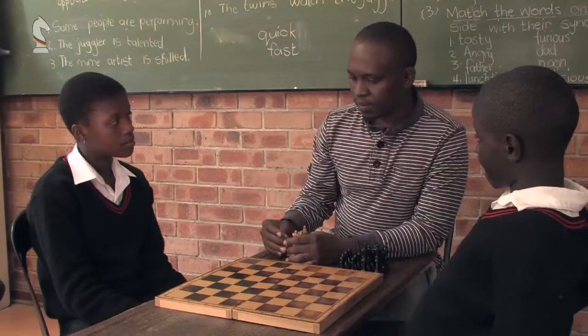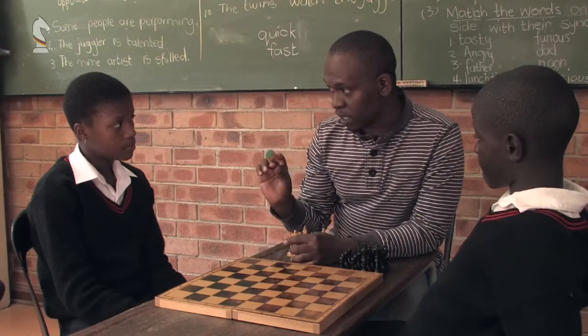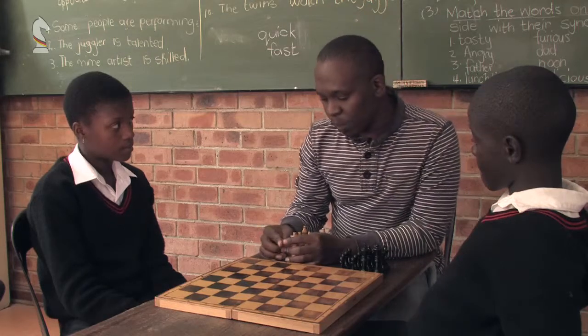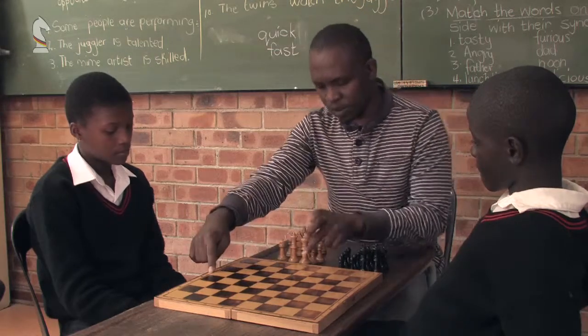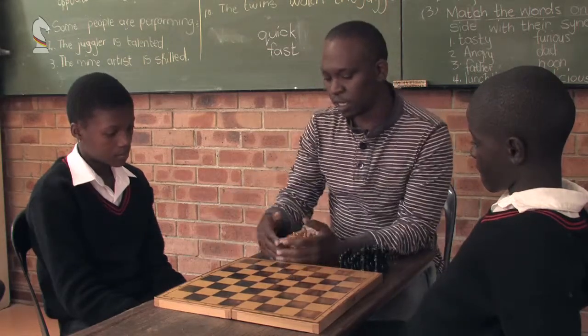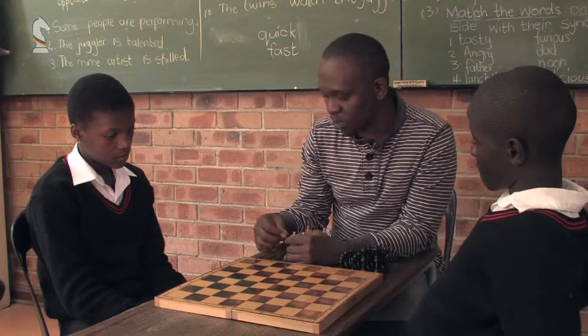Okay, so now, without the rook, if I put my rook on E5, imagine the rook is on E5. How many squares can it move to?